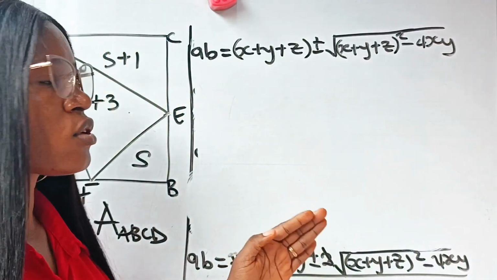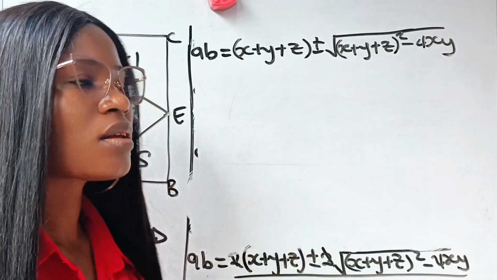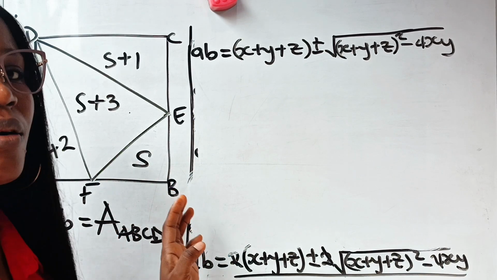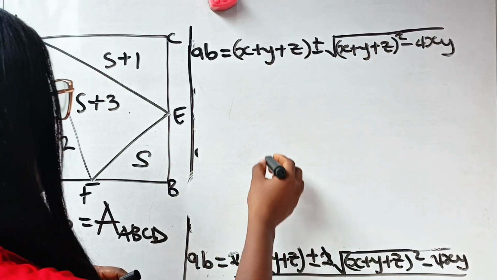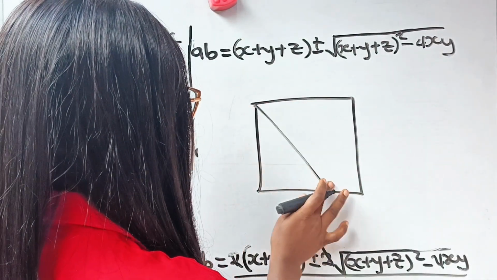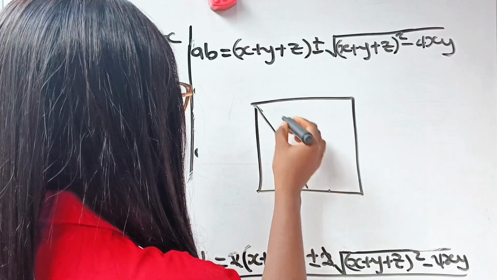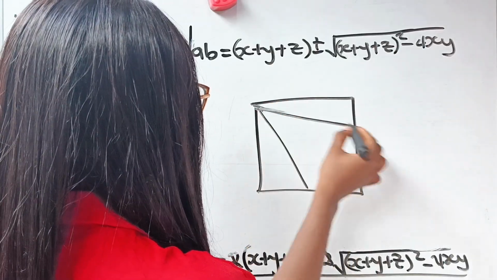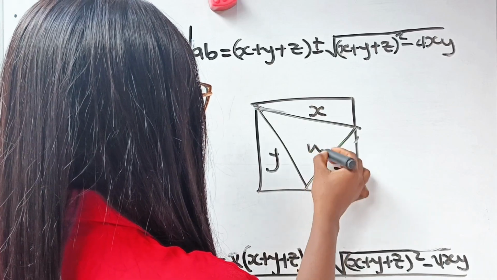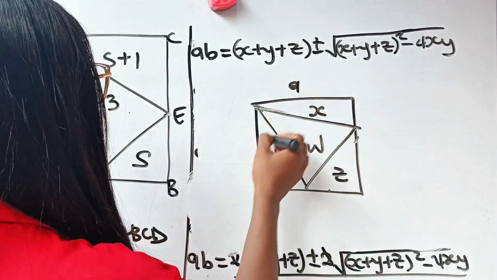Now I want you to remember something. Remember that ab is also equal to the area of that particular diagram we drew, which I can repeat. This is X, this is Y, this is Z, and this is W, and this is our a and b.